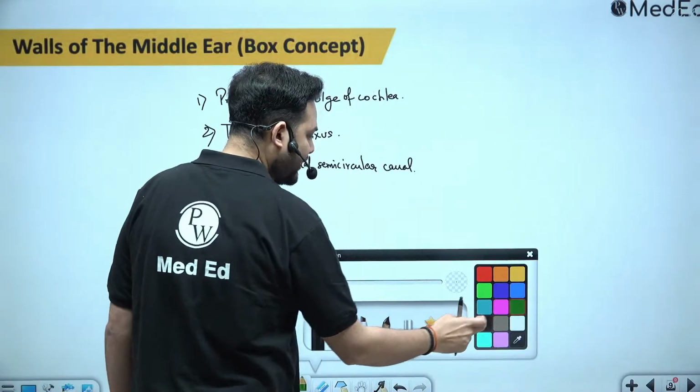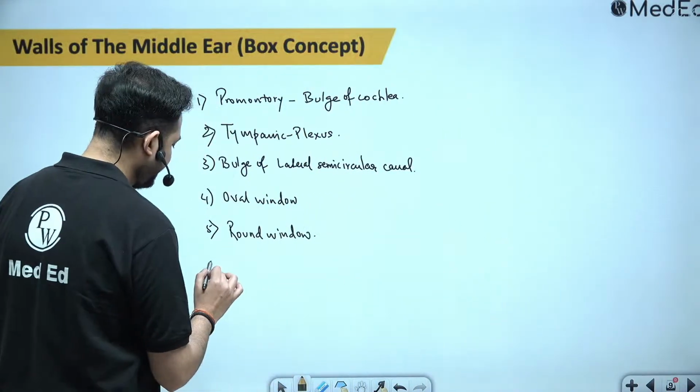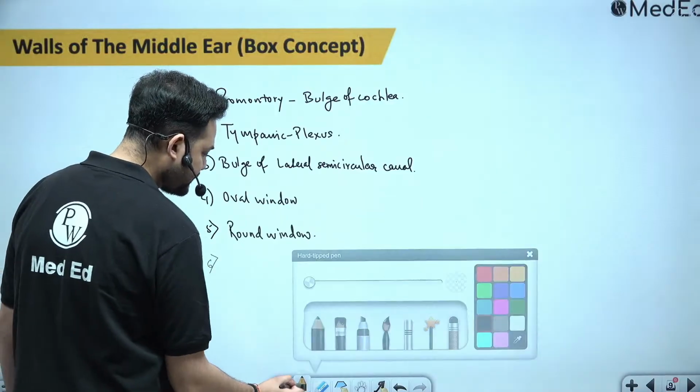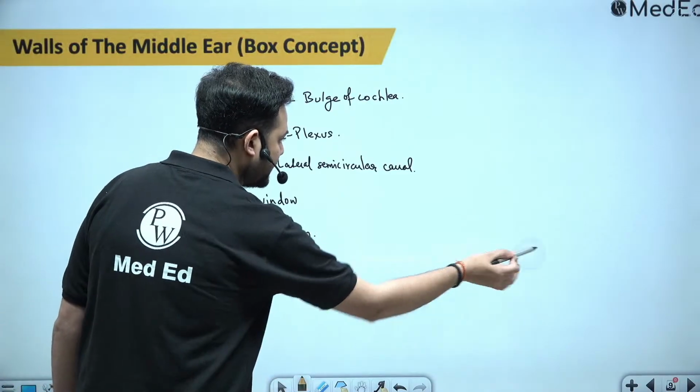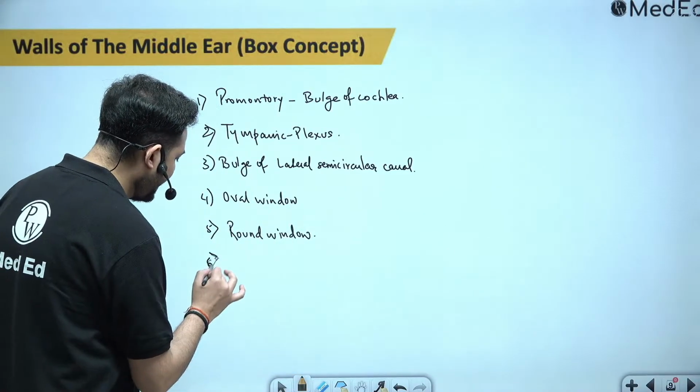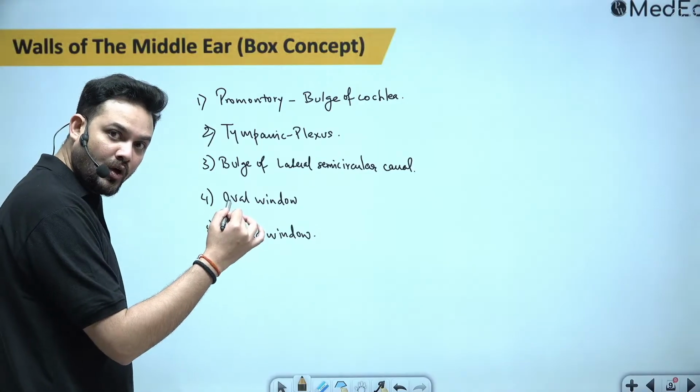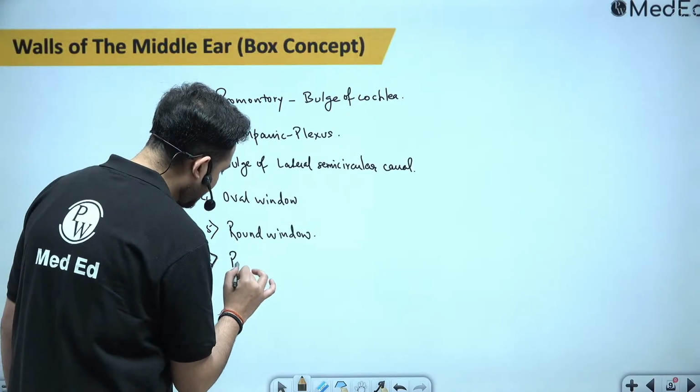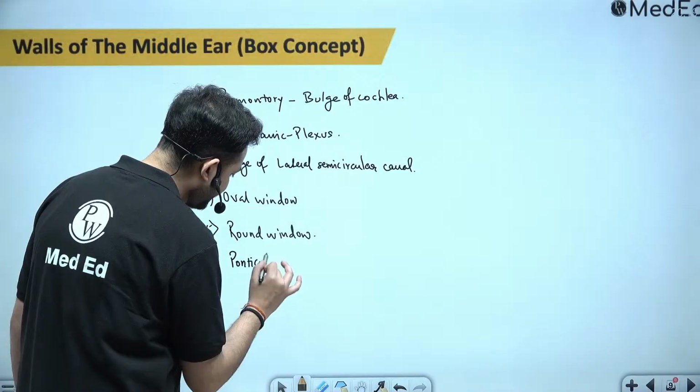I've told you there is one ridge of bone that is coming out from the lateral end of the promontory and going up till the pyramid, and I called this bone the ponticulus.